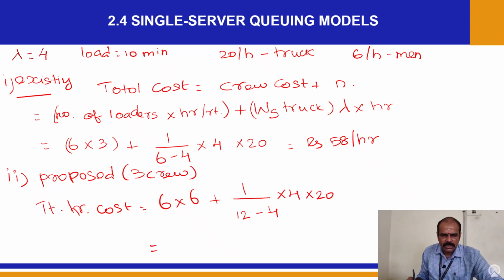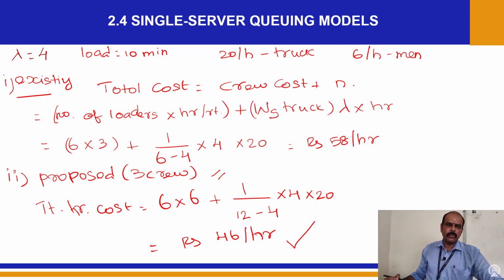So when we solve this, we get rupees 46 per hour. Obviously the proposed method is quite good, so we suggest to go with the proposed method.